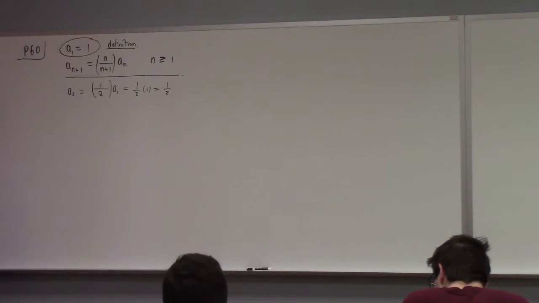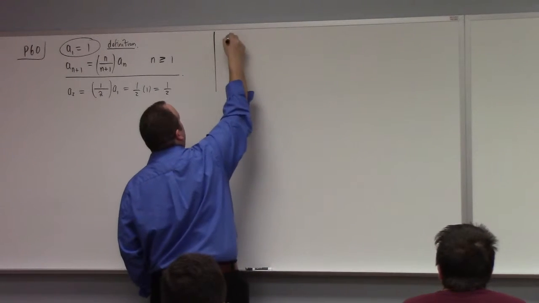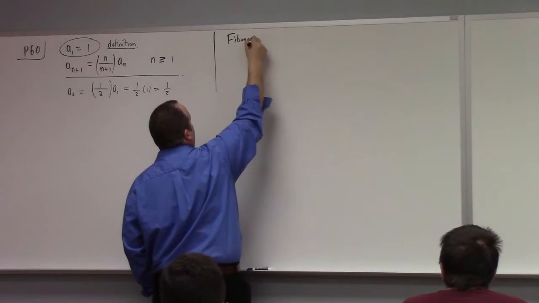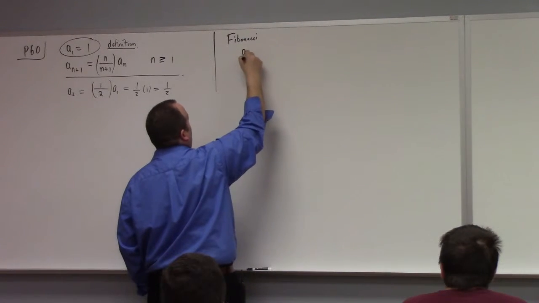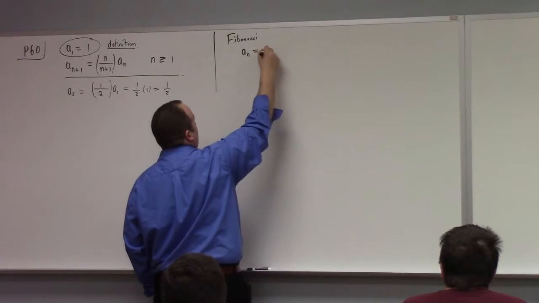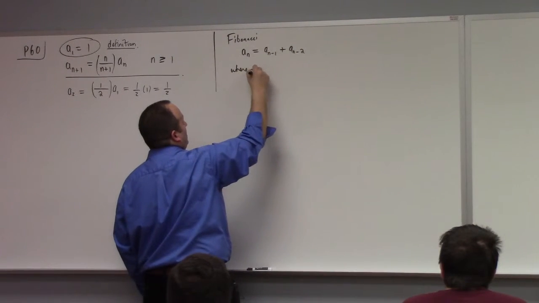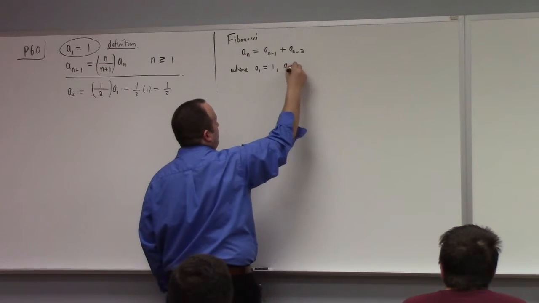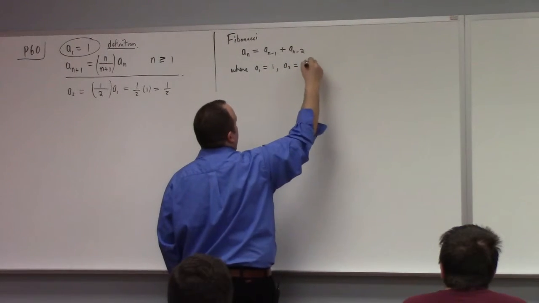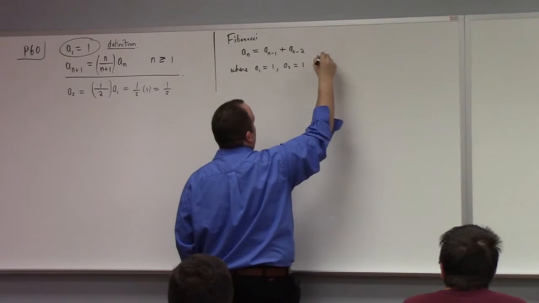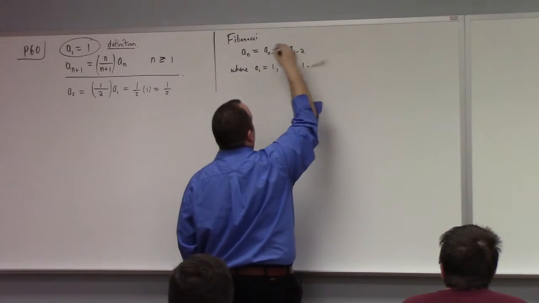So when we define a recursively defined sequence, the typical language used is: here's the recursive rule, and here's the starting point for the recursion. Like the Fibonacci sequence, right? It would be something like a sub n equals a sub n minus 1 plus a sub n minus 2, where a1 equals 1, a2 equals 1.